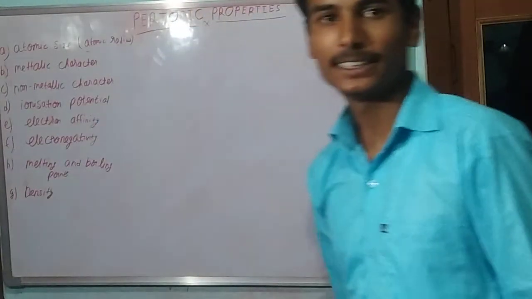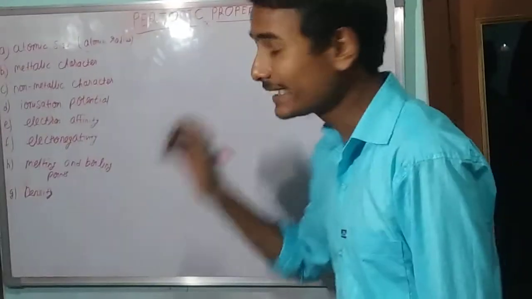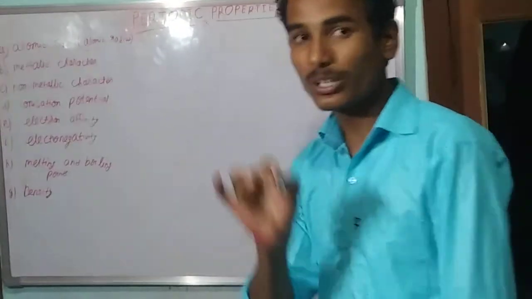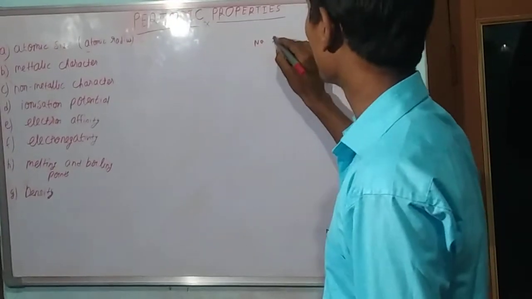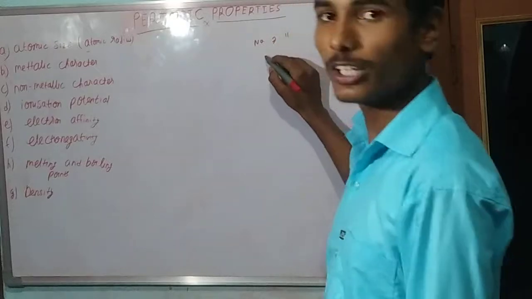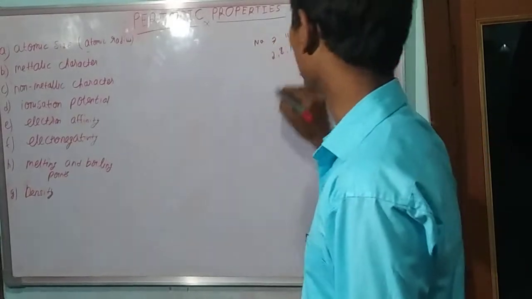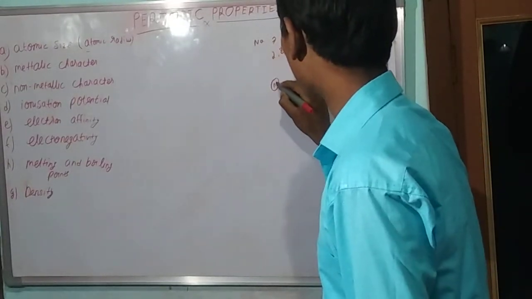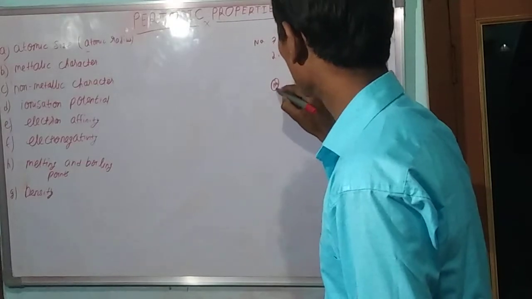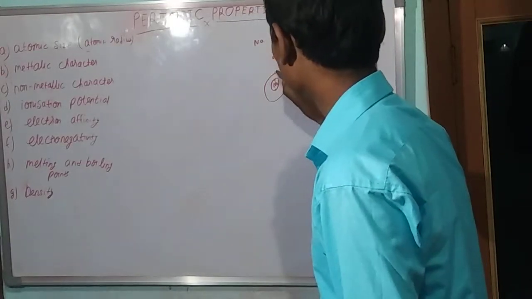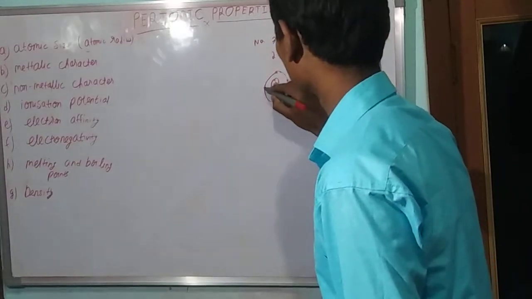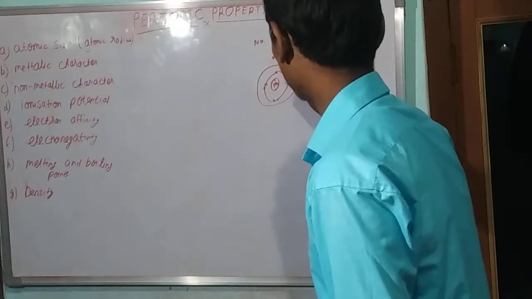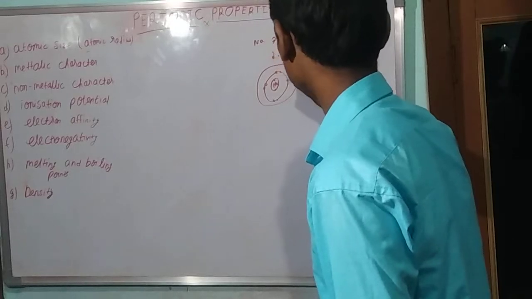What is atomic size? Atomic size is the distance between the nucleus and the outermost shell. Take one element, sodium, whose atomic number is 11 and electronic configuration is 2, 8, 1. The outermost shell has 1 electron.